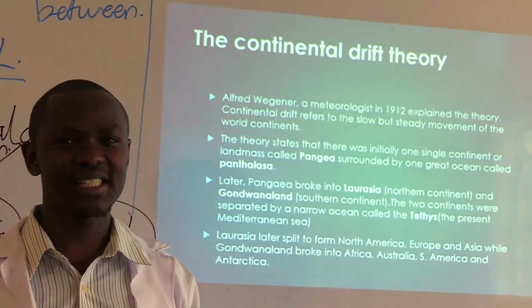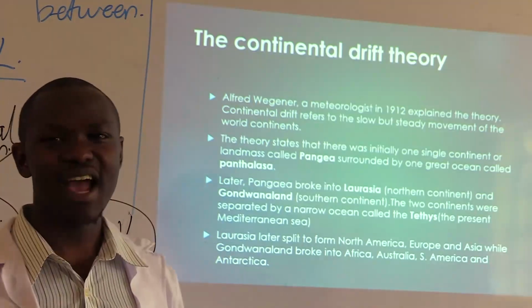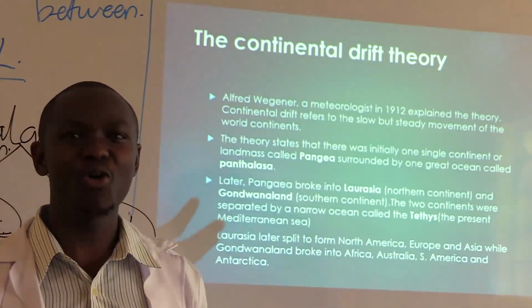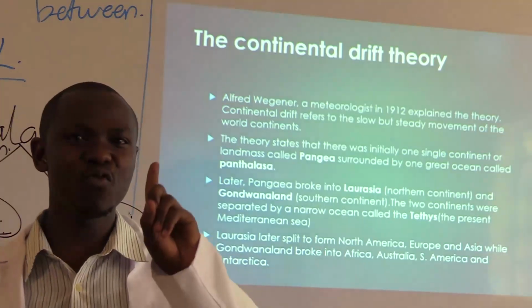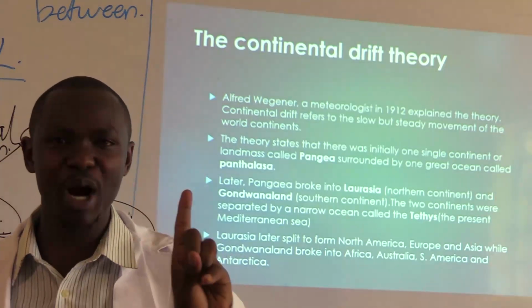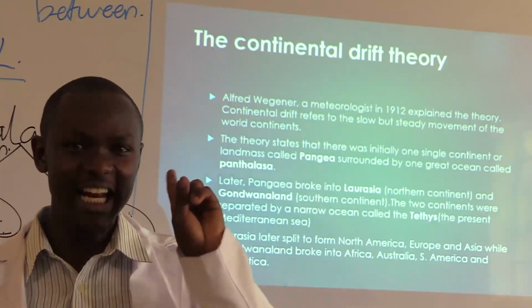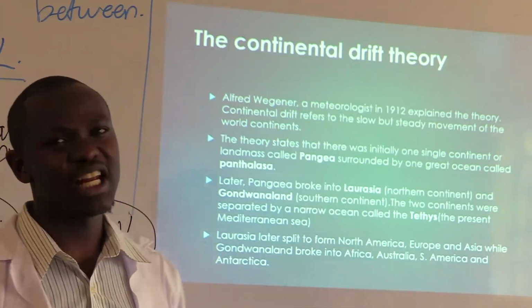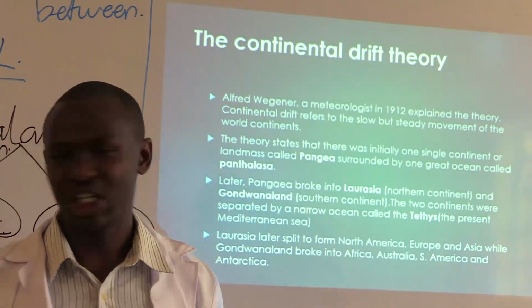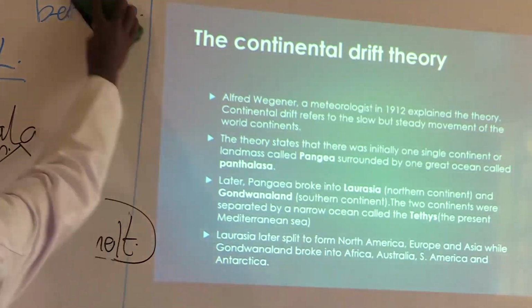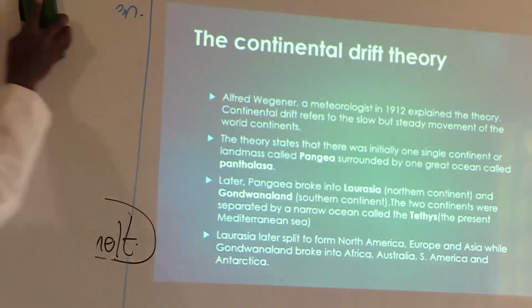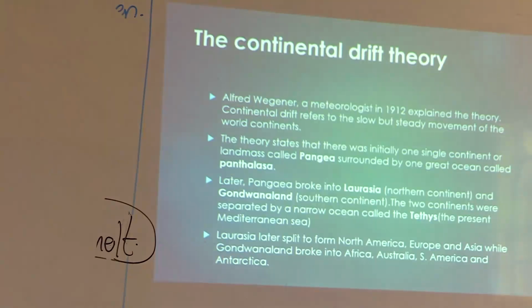And he argued that at some point in time, all these continents that we have today were in form of one large supercontinent called the Pangea. All the continents were in form of one large supercontinent called the Pangea.